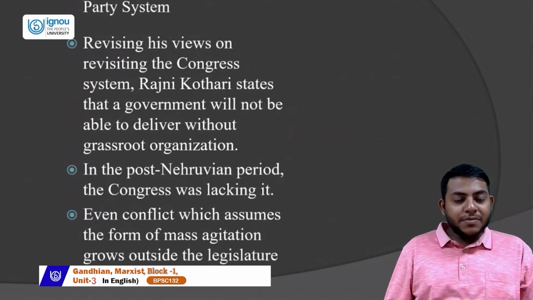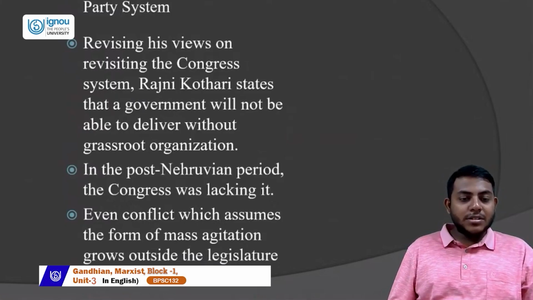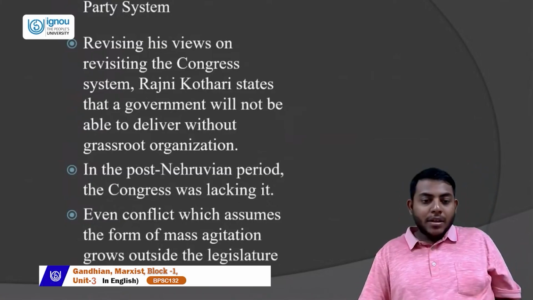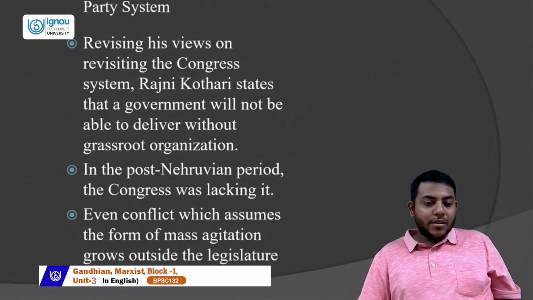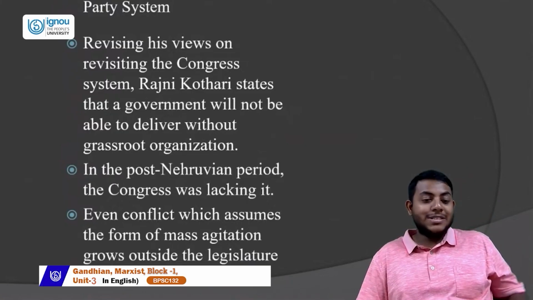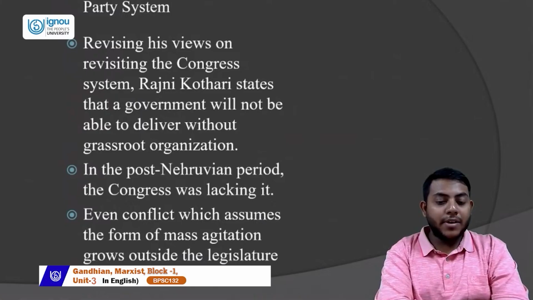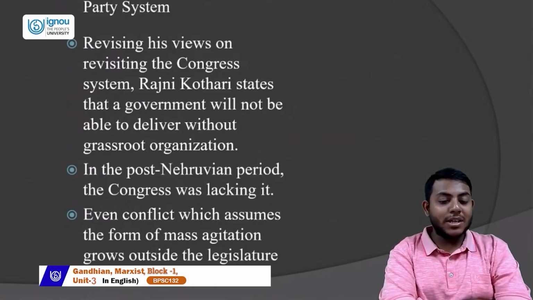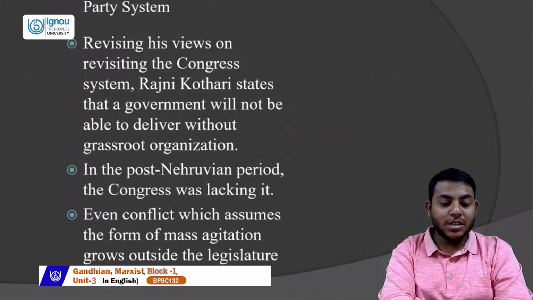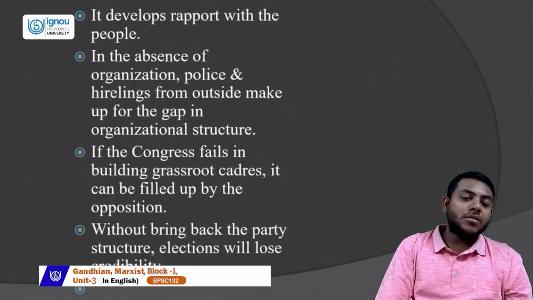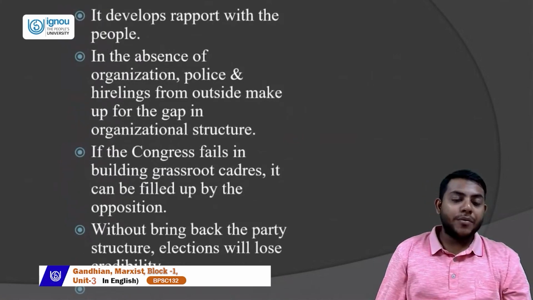Rajni Kothari states that a government will not be able to deliver without grassroots organization. In the post-Nehruvian period, the Congress was lacking grassroots organization. Even conflict which assumes the form of mass agitation grows outside the legislature and electoral channels, so it develops rapport with the people.